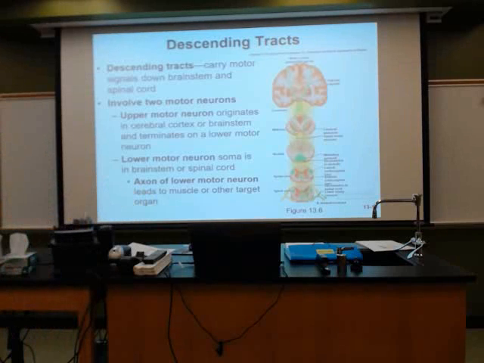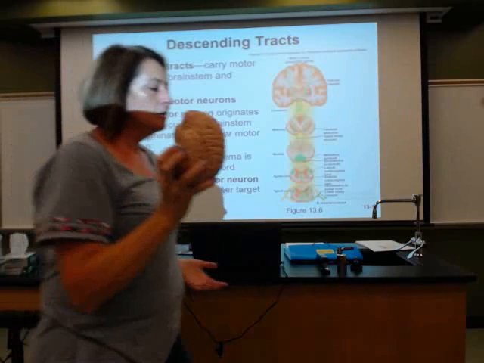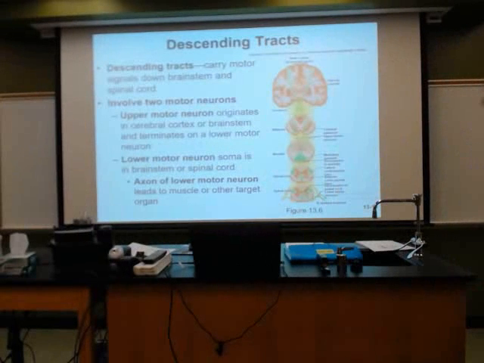This area that we think of as the brain, this one is our cerebrum. If we look at this, and we talked about it last week, what types of lobes are here? We've got frontal, occipital, parietal, temporal.